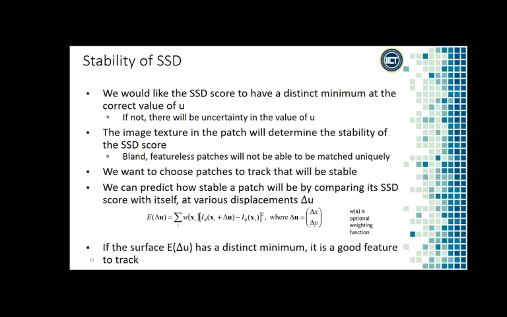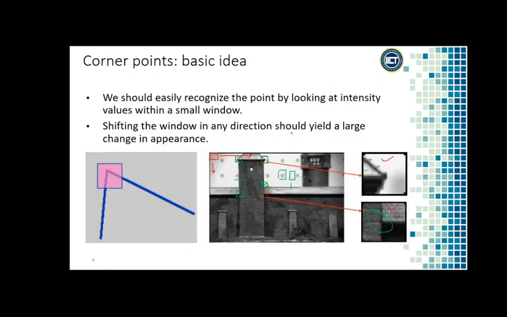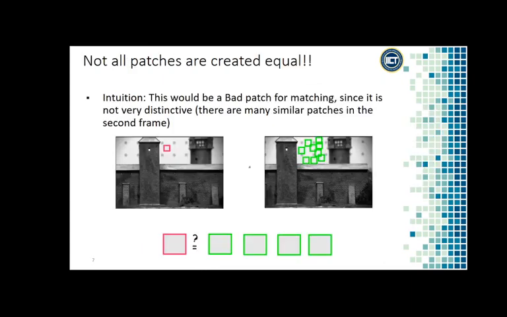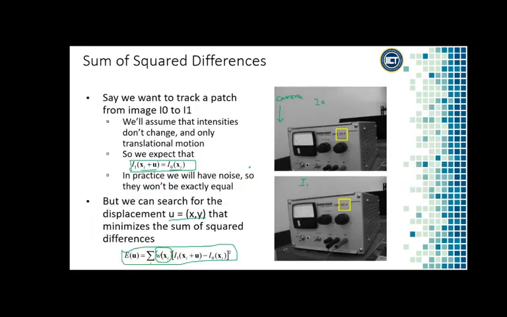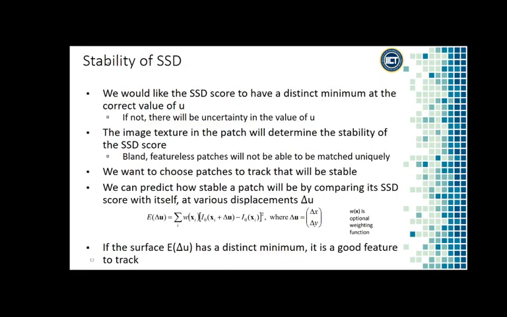Now, as you may recall, I already told you how to select a distinct patch. Selecting a distinct patch is very important in this case. So we need to consider the stability of the patch before applying a matching problem from one image to another image. We have to first consider which patch is most stable. So what we can do is check the stability of the sum of squared differences.